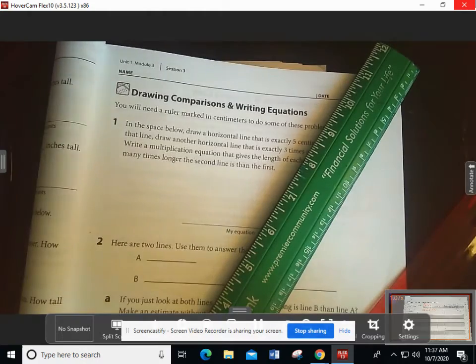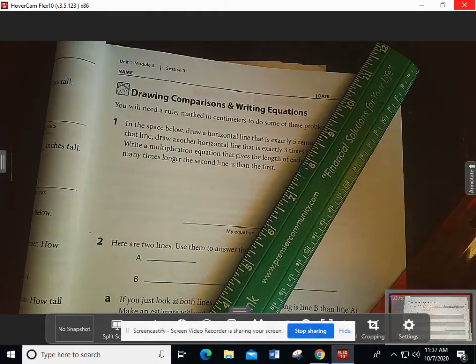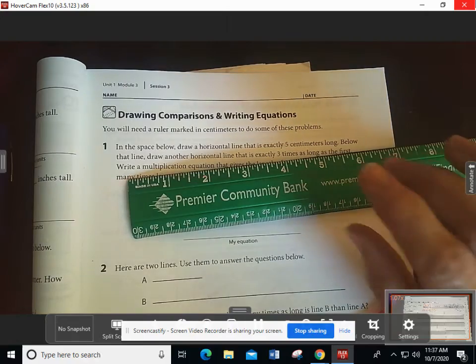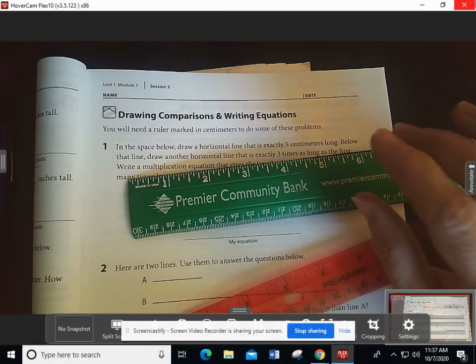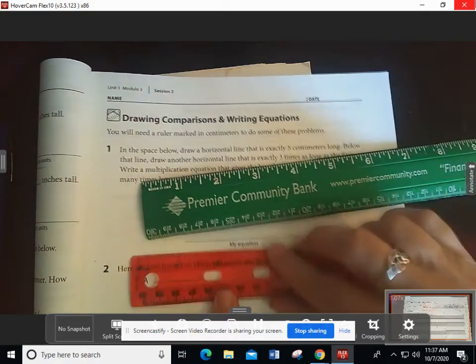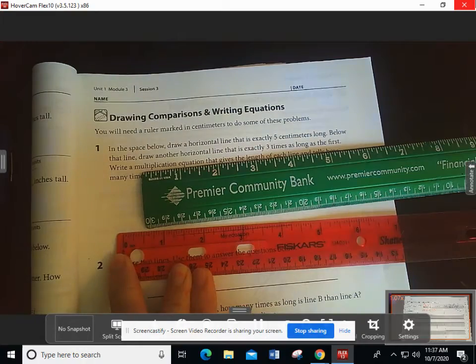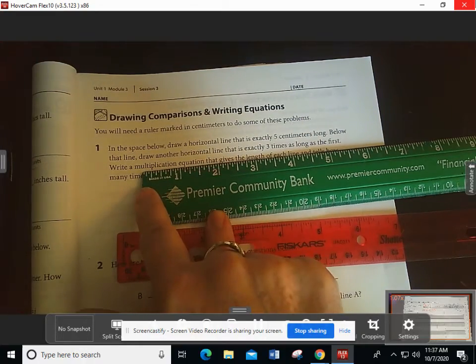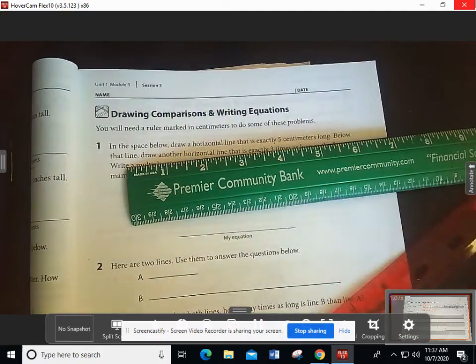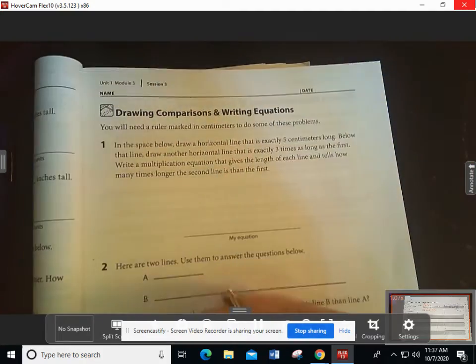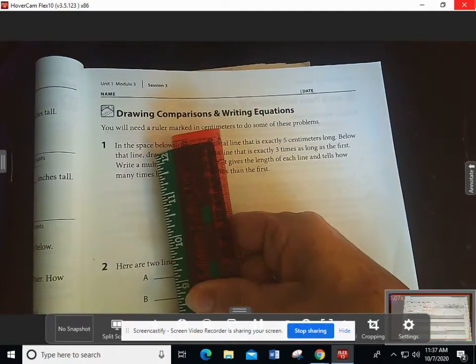I want you to notice rulers. Rulers are different. Notice that this ruler doesn't start right on the edge. This ruler does. So does that mean one ruler is longer than the other? No. Look at that.